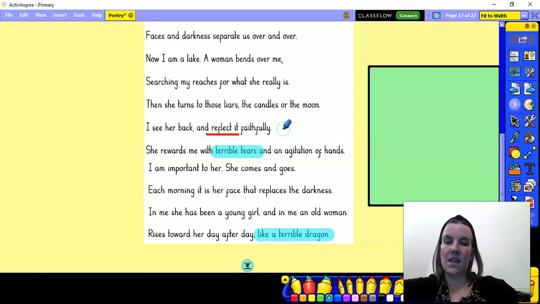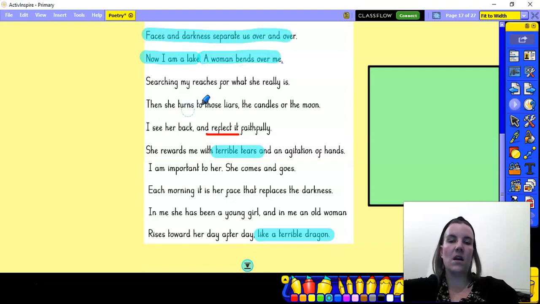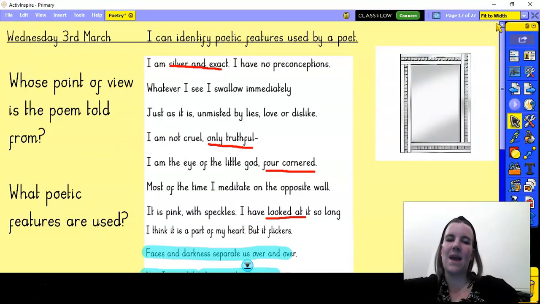I could see some different rhythms going on. We had some really short lines, and in fact two short lines together with then some longer lines is here as well. So we can see purposely they've been chosen to be put together to create some sort of a rhythm. I wonder if you spotted any other examples that perhaps I haven't.